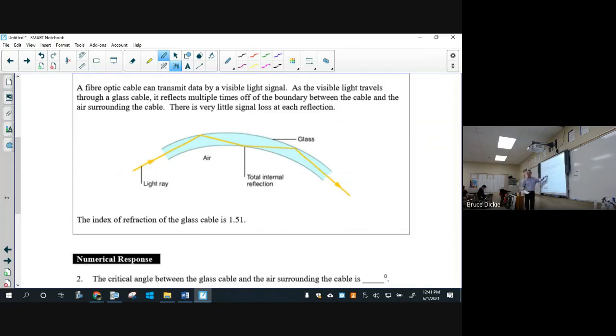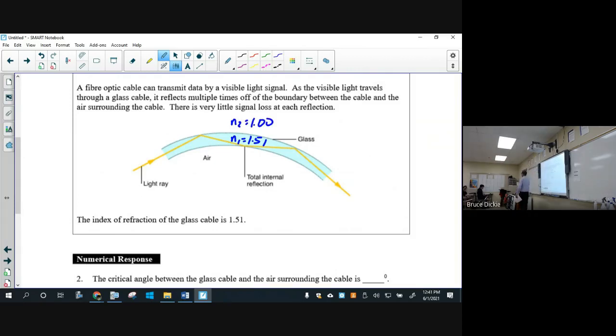Well, here we're embedding or encoding data in visible light. Visible light is traveling through these little glass cables. And the visible light, carrying this data, reflects off of the boundary between the glass and the air. Glass, which we're told has an index of refraction of 1.51, and air, which has an index of refraction of 1.00.